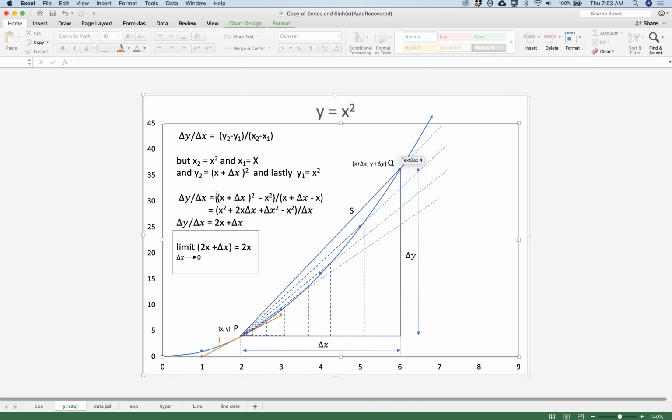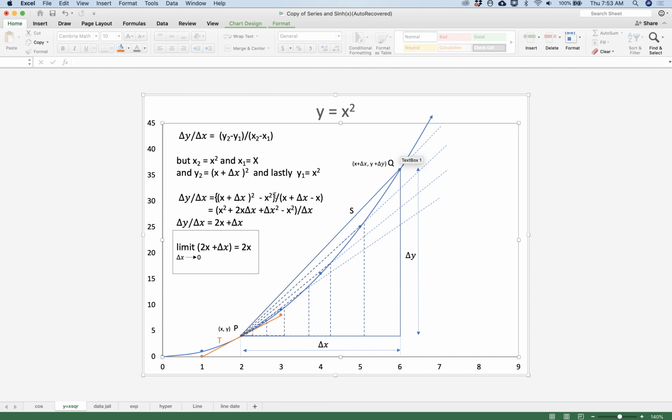But y2 is given by x2 squared, and y1 is given by x1 squared. So we plug those into the numerator of this expression, and then we expand it out and cancel out the values that do cancel out here.